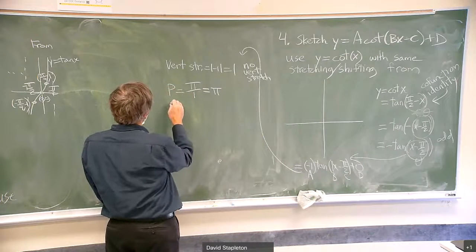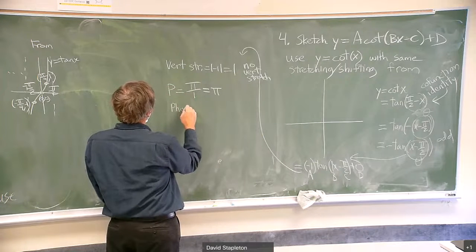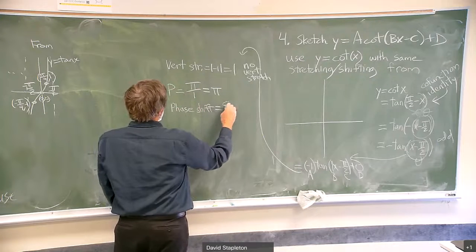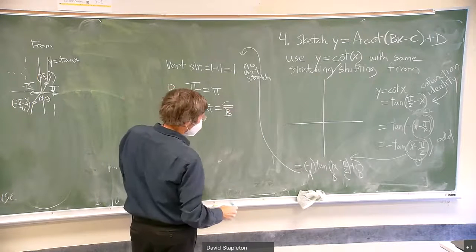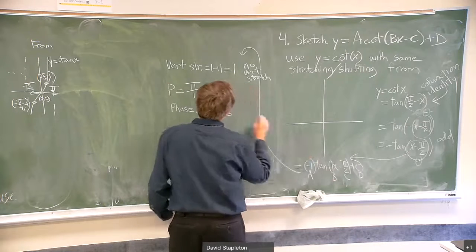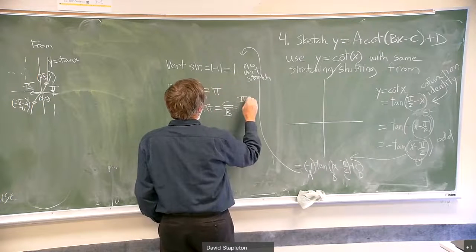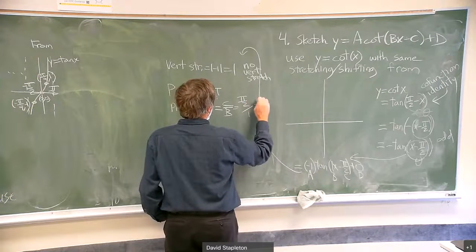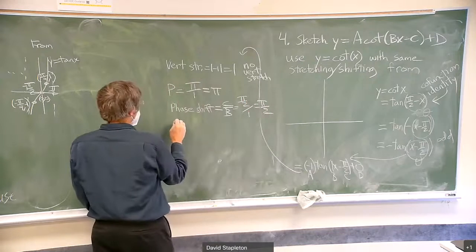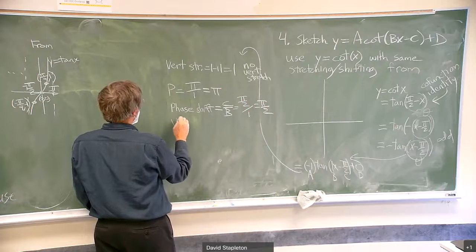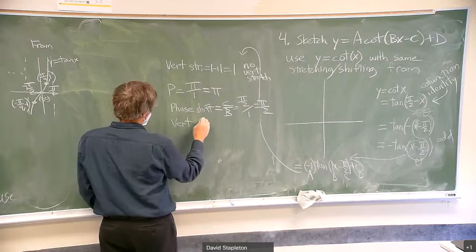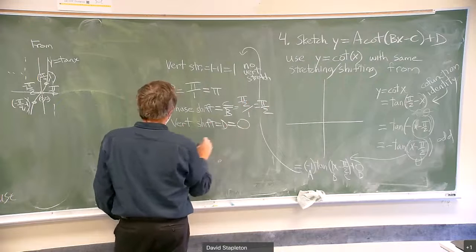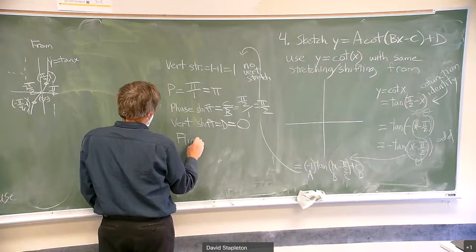Then I've got the horizontal shift or phase shift is c over b. Well, c is what's subtracted, so it's plus pi over 2 over b is 1. The phase shift is actually pi over 2. And then the vertical shift, there's no d on there, so it's 0. And then flip, yes, because A is negative.